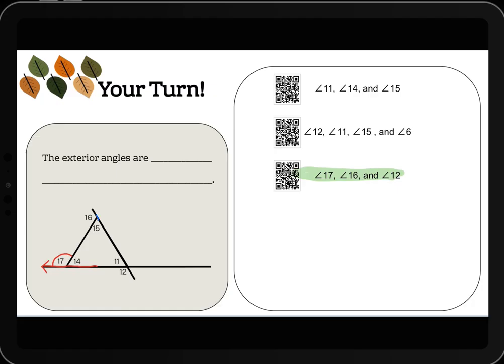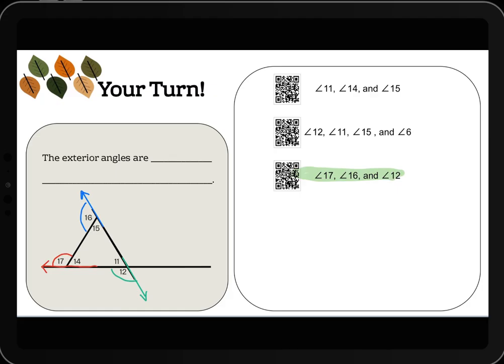I can extend this side right here, and with that extended side, I can create angle 16, so that is an exterior angle. And then, of course, I can extend this side over here and create an angle between the normal side on the bottom and the extended side. That's an exterior angle. The other 3 angles are interior angles, so they cannot be exterior at all.